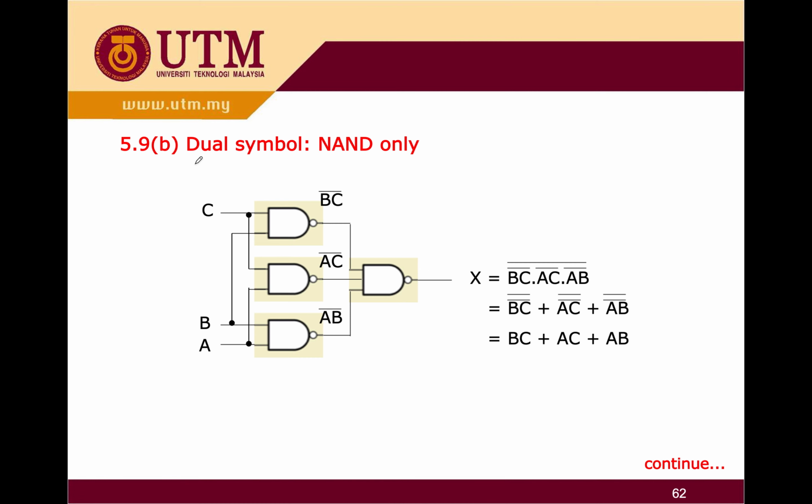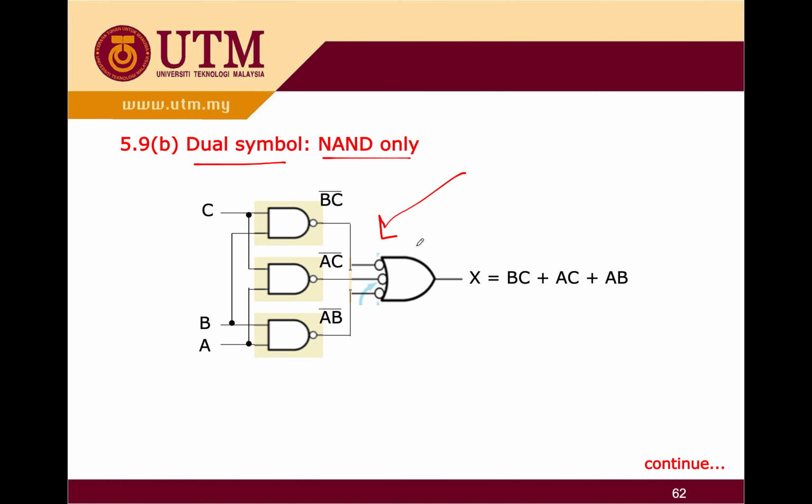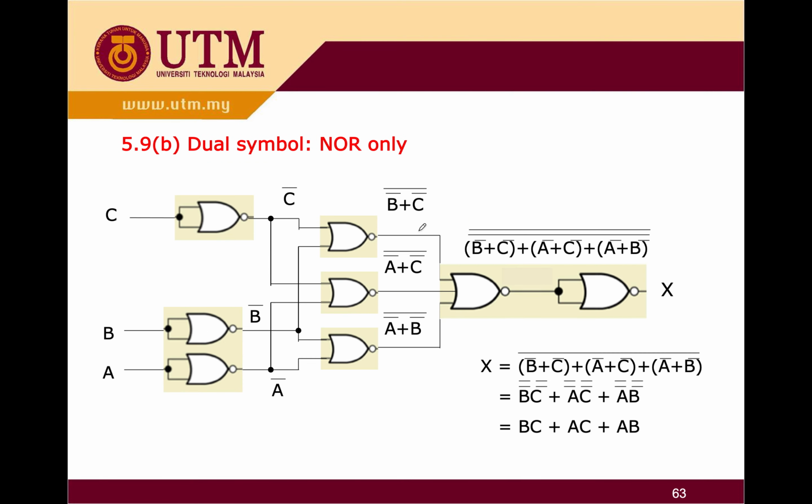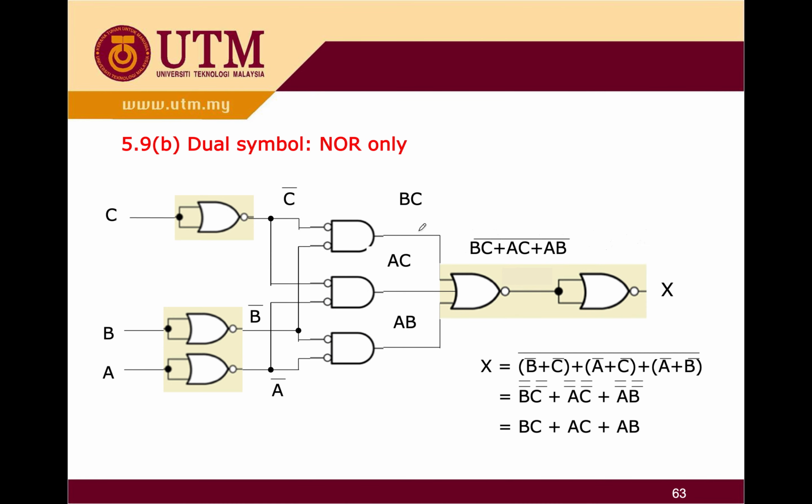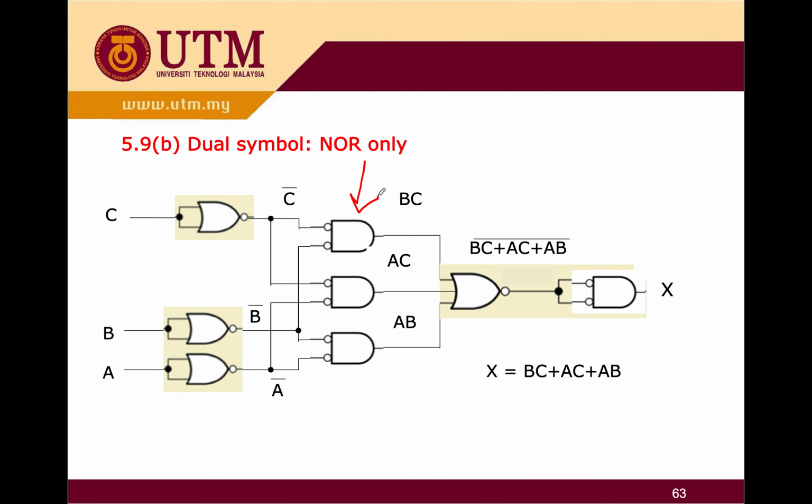The change is only in how you draw your circuit using a different kind of logic gate. And this one is dual symbols using NAND gate only. We already looked at this before, but this is your dual symbols using your NAND gate. This is your dual symbol, and this one is NOR gate. So you're going to change this part.